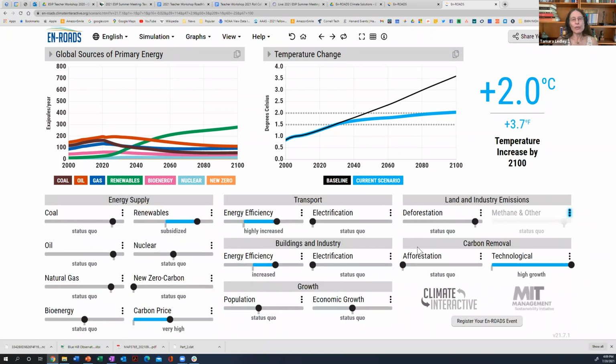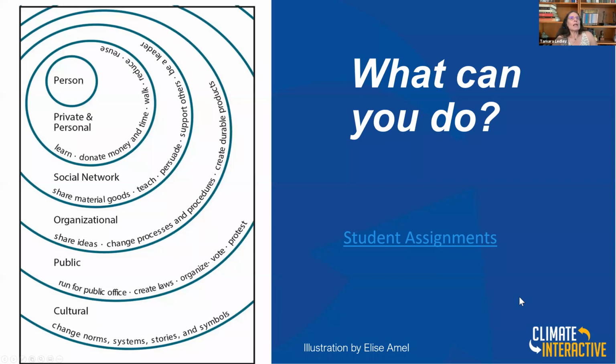I haven't gone through all of the equity considerations, but one of the things that I wanted to get to here was to help you think about how you might, I'm going to go to this last slide. So this gives you a sense of what you can do.